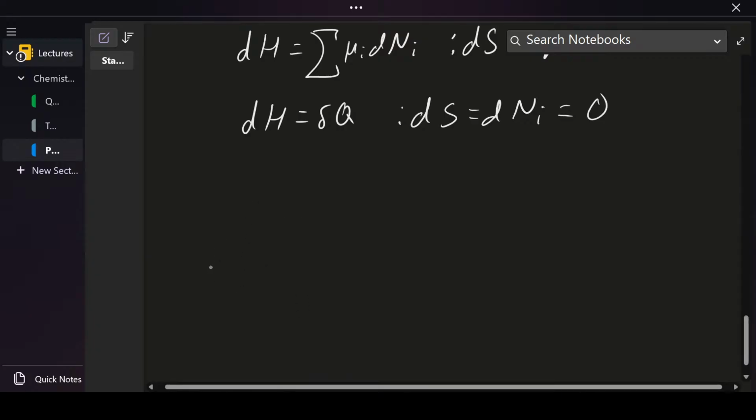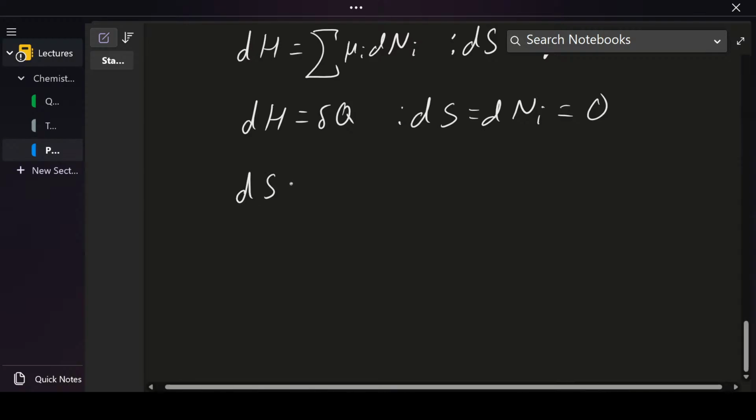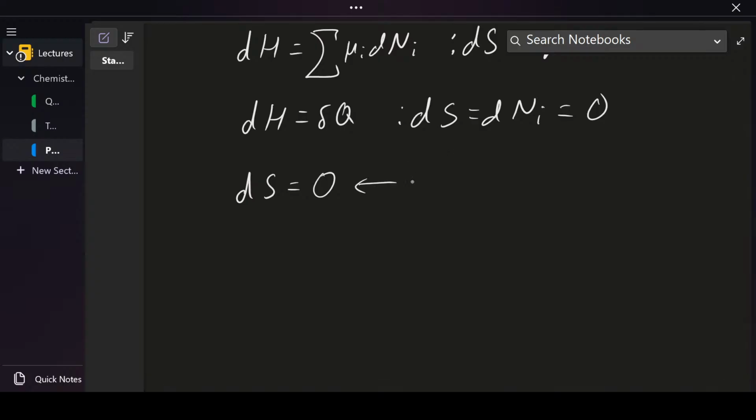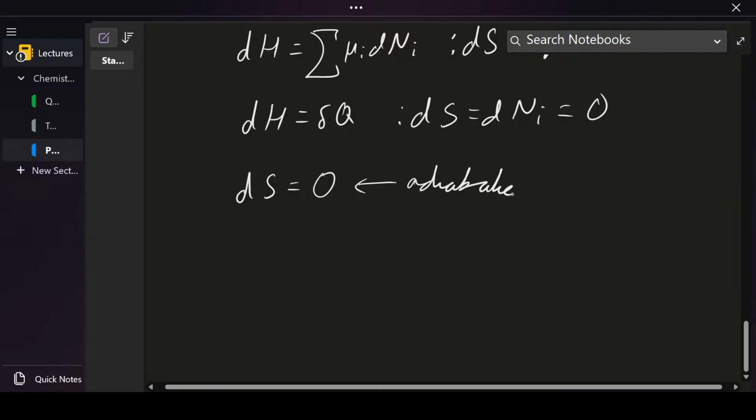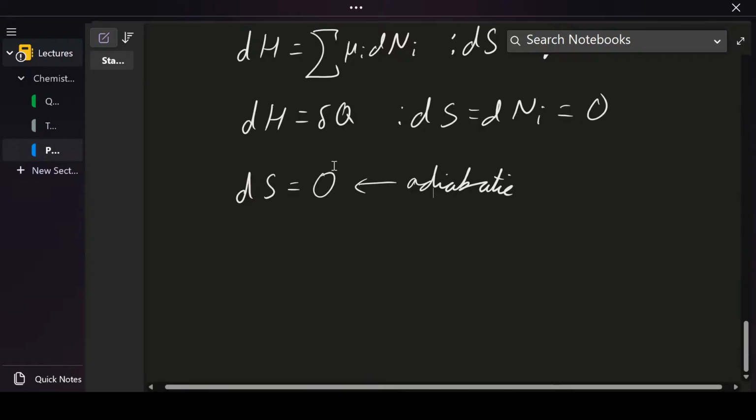And so all that's going to happen is I end up getting dS equals 0 if I do something really, really slowly. And so this is what's called adiabatic conditions. But it's quite hard to achieve and is a theoretical idea.